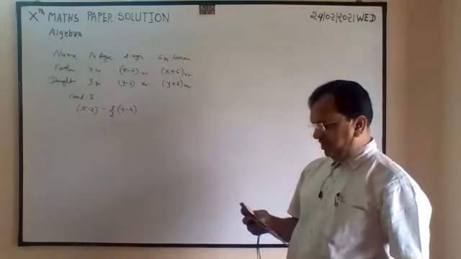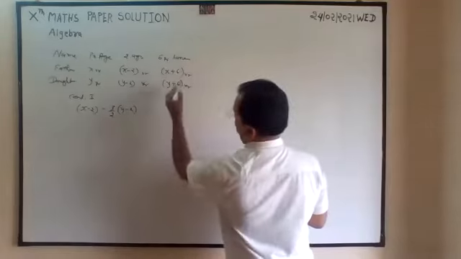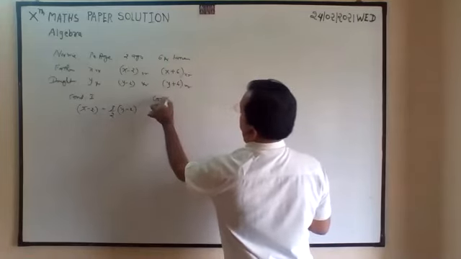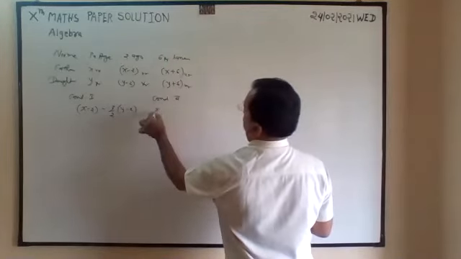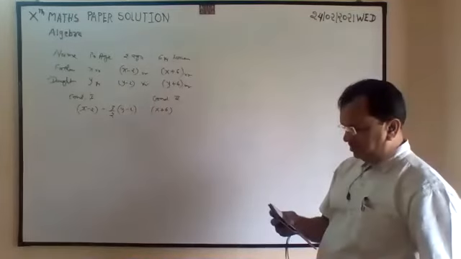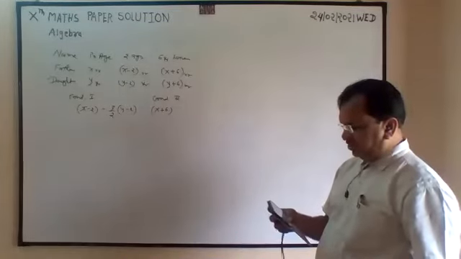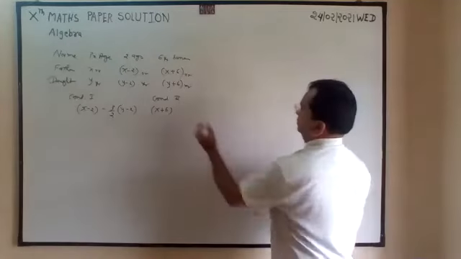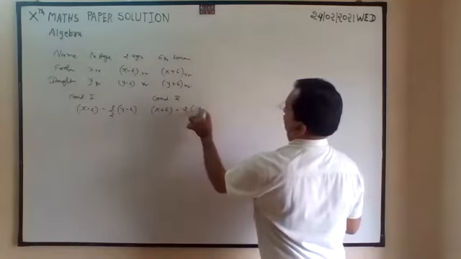Condition 2. 6 years hence, the age of father, x plus 6, will be twice the age of daughter.